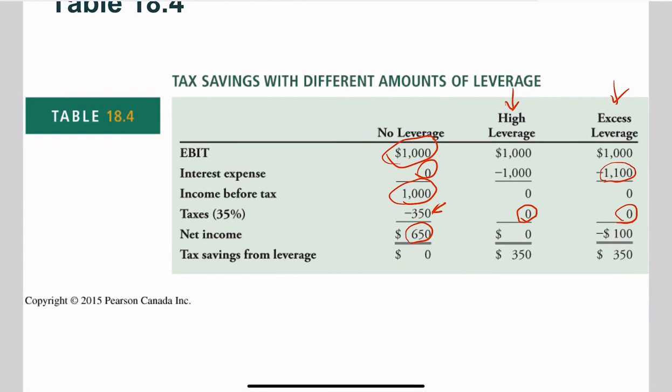So this basically tells you that there's no additional saving from using excess leverage. That is, from the perspective of tax saving, a firm should not make interest expense exceed EBIT.